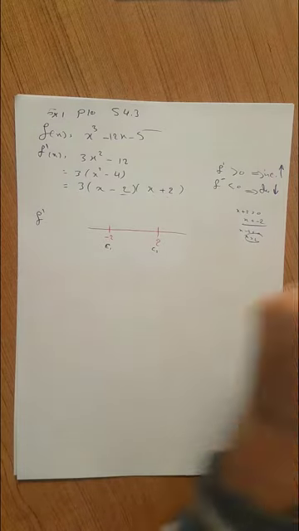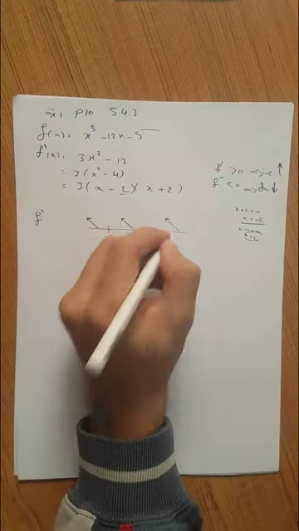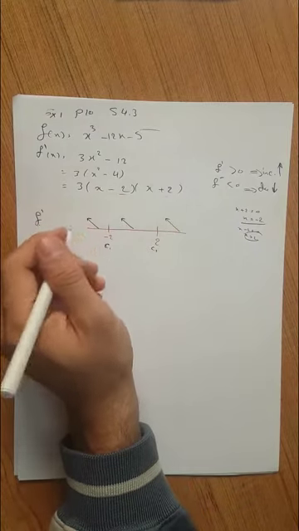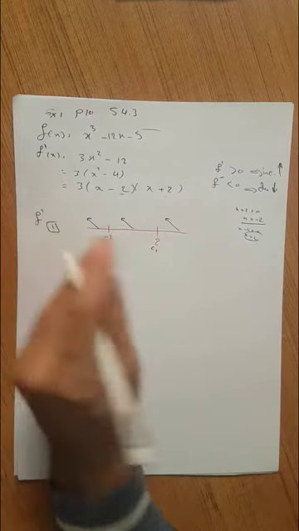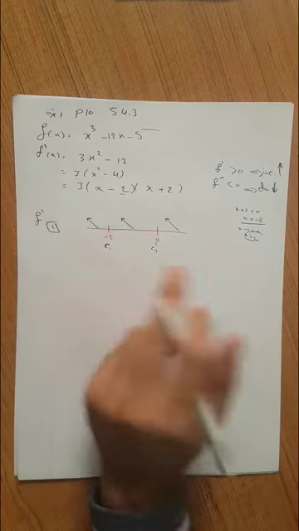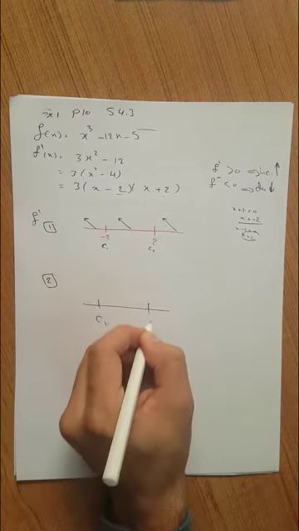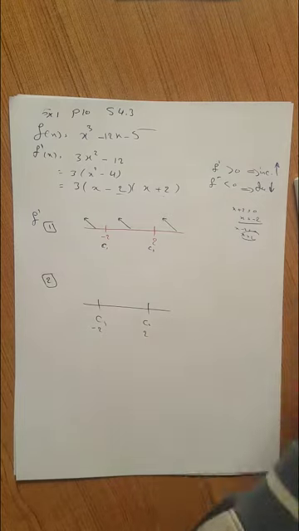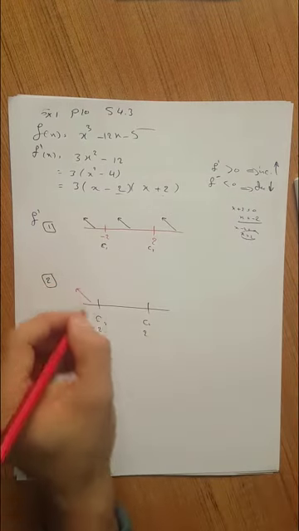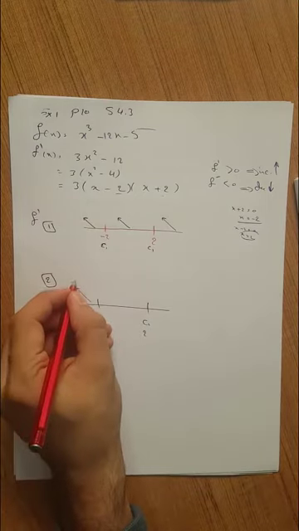And try to test by the neighborhood points. We need test points or neighborhood points. So first of all, try to sketch the line. The second, we are choosing the test points. For example, here's minus 2. A neighborhood for minus 2, I can say minus 3.